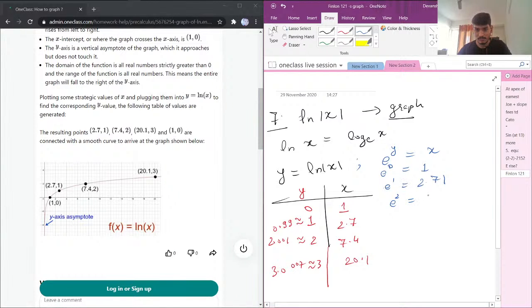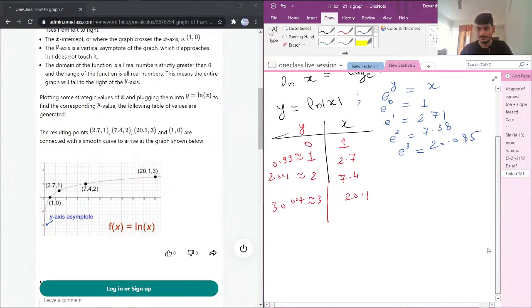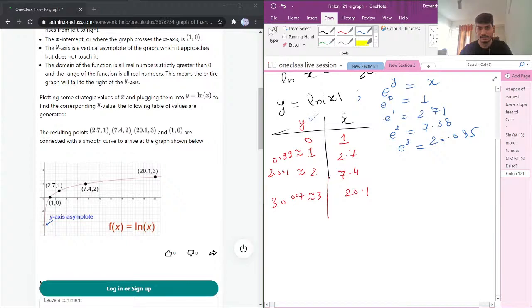For e cube, I will get 20.085. So in this way we obtain the value for x, but we have done the opposite here. Now we have the value for x and we have the value for y.